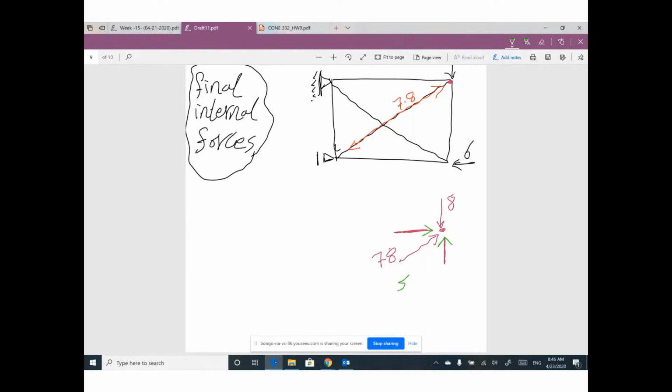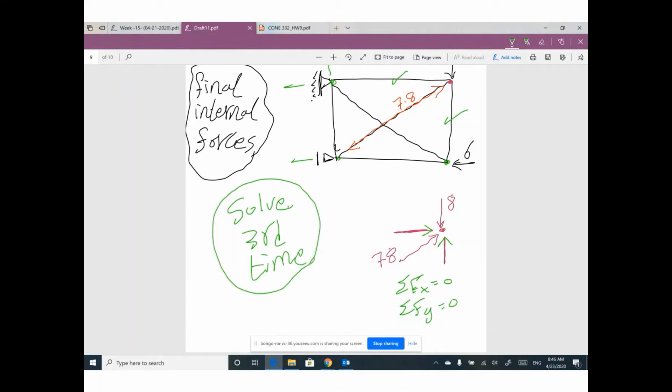So I can apply summation Fx equals 0, summation Fy equals 0, so I can get the forces in this member and this member. I can do joint equilibrium here. I can get my reaction. I can make joint equilibrium here. So I can solve this truss for the third time. But the third time solution can give you the final internal forces.